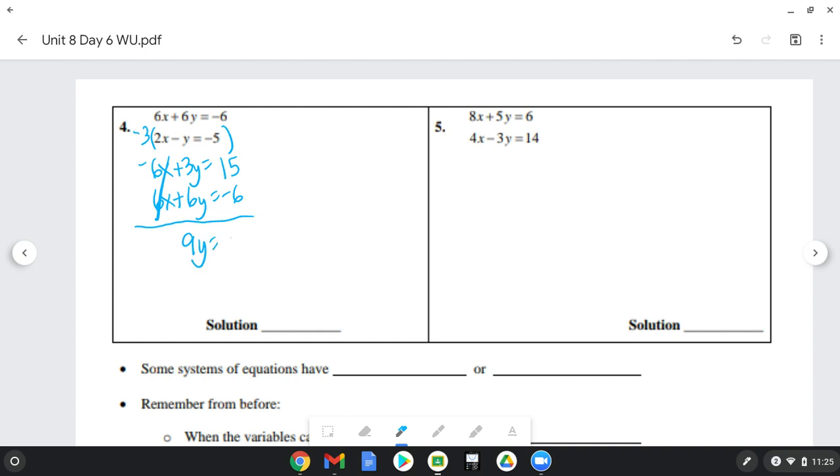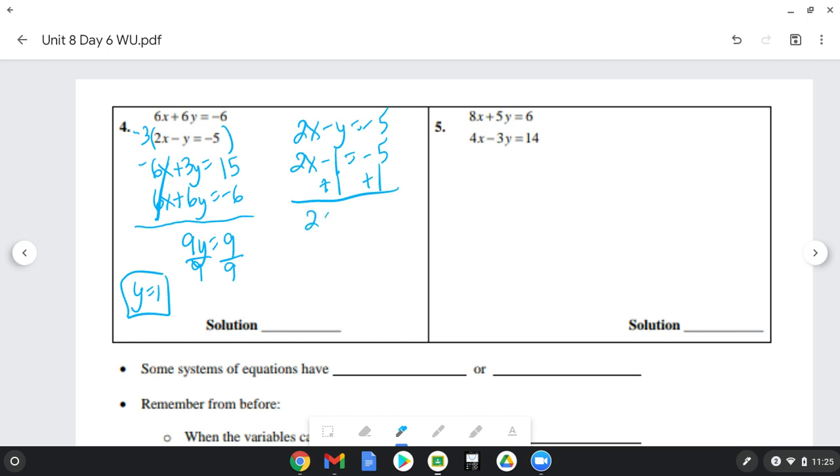I'm left with 9y equals 9. Divide by 9, and I get y equals 1. For the other answer, we got to plug in y equals 1. So I'll do the 2x minus y. So there'd be 2x minus 1 equals -5. I add 1 to both sides and get 2x equals -4. Divide by 2, and x equals -2. So now my answer is -2, 1. I'm always supposed to write it as an ordered pair.